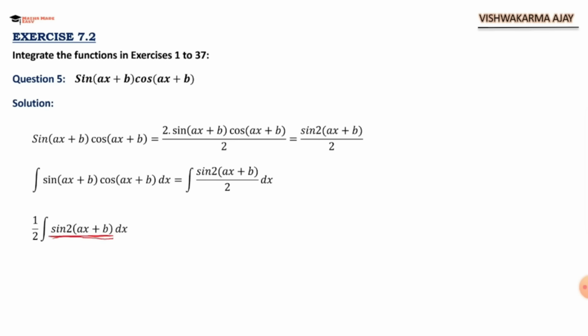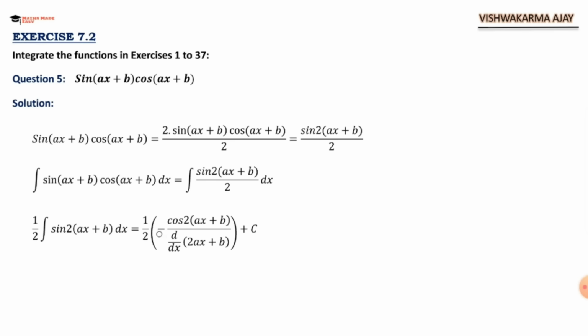Now integration of cos, I'm sorry, I'm always confusing between cos and sin. Integration of sin 2 is cos 2, right? With a negative sign.